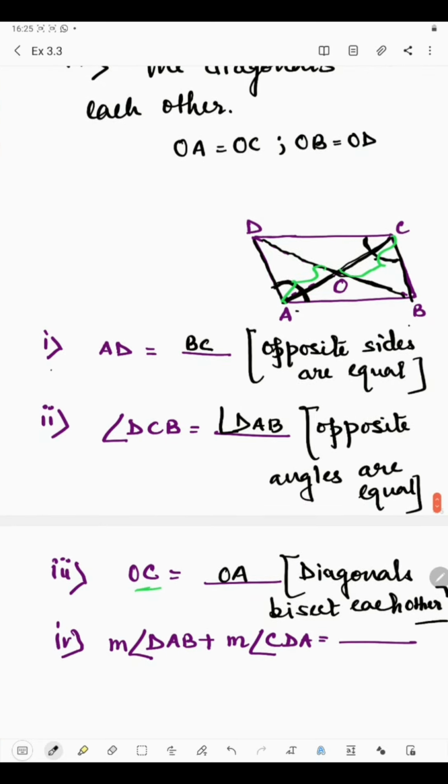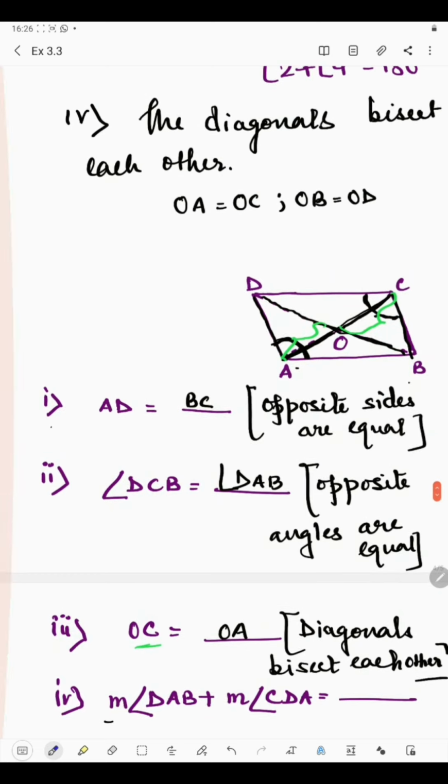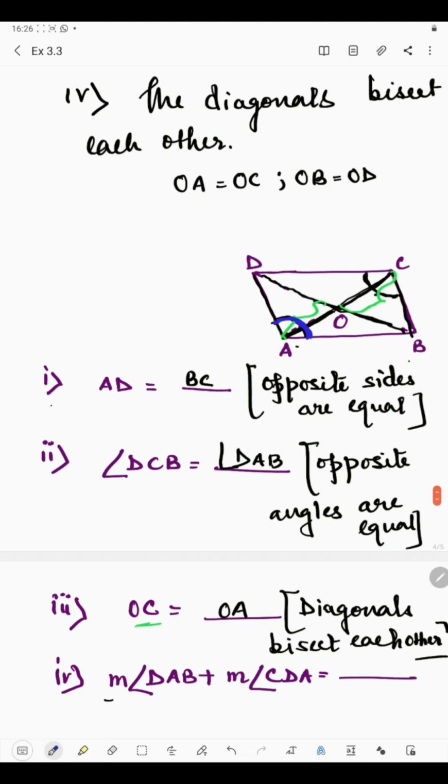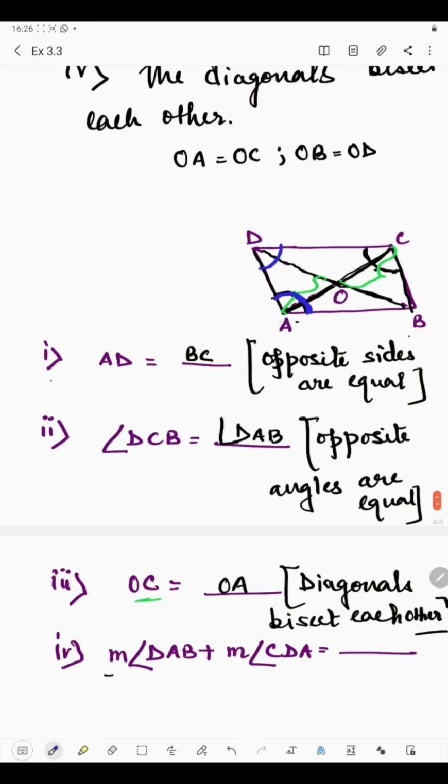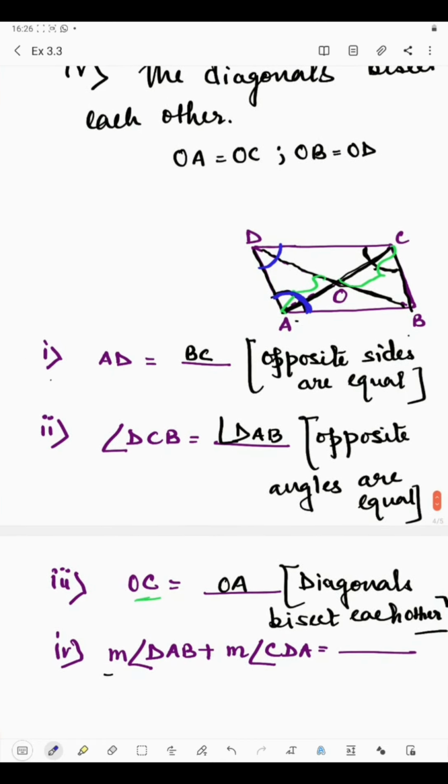Now in the last part we have the measure of angle DAB plus the measure of angle CDA. Let's check where these angles are in the figure. DAB is this angle, and CDA is this. So these two, angle A and D, or DAB and CDA, are adjacent angles, and according to the property of a parallelogram, adjacent angles are supplementary, isn't it?